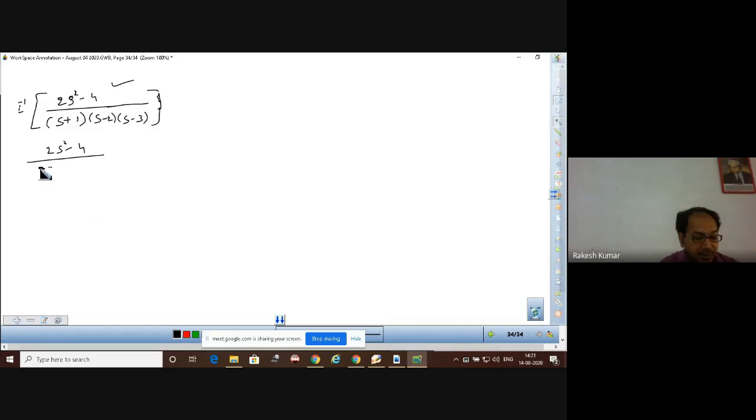The expression can be simplified with the help of partial fractions, and can be rewritten as a upon s plus 1, plus b upon s minus 2, plus c upon s minus 3. You can multiply, and what will you get?